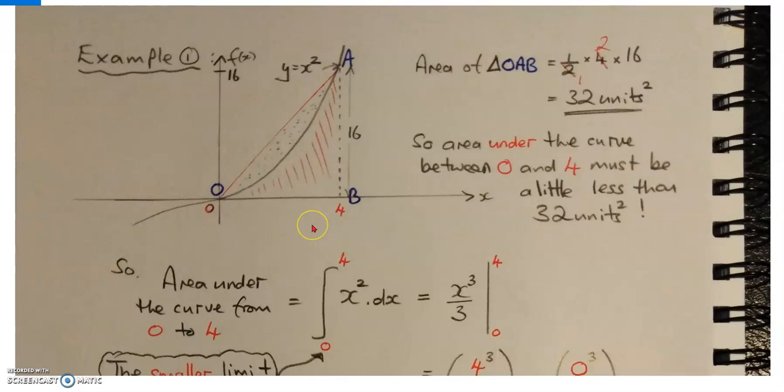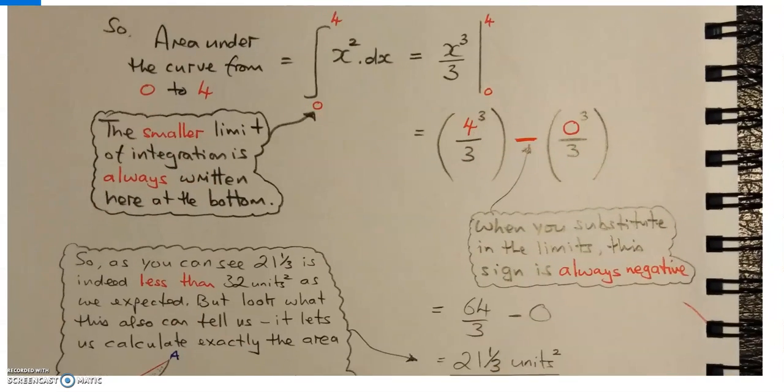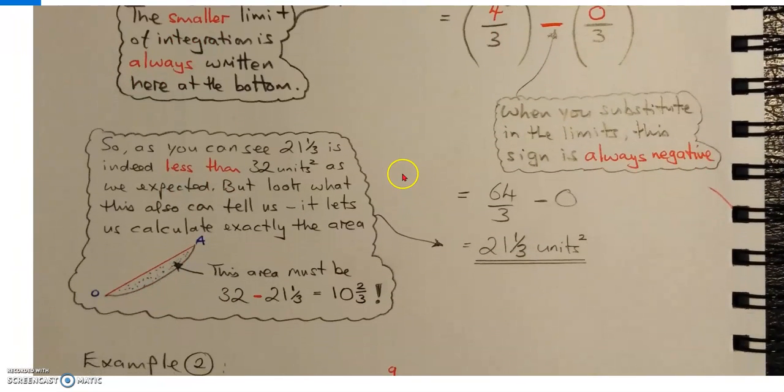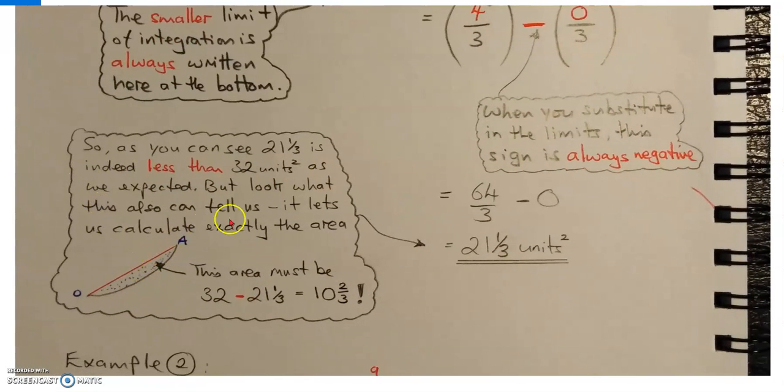So you can easily use integration to find the area of rather strange shapes. But look what this also lets us do: calculate exactly the area of the shape between the curve and the straight line, which comes out as 10 2/3 units squared.